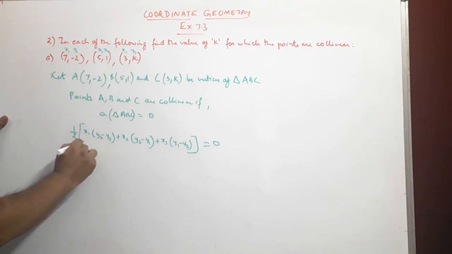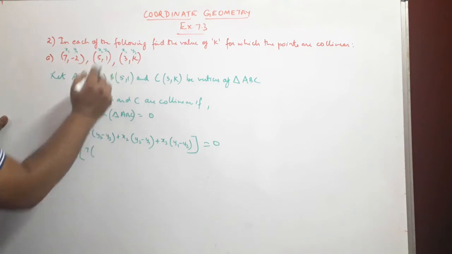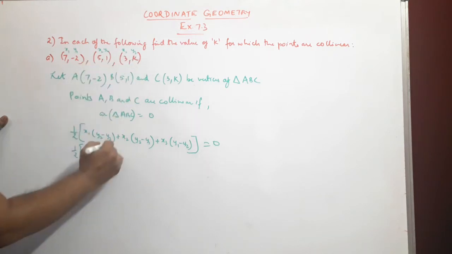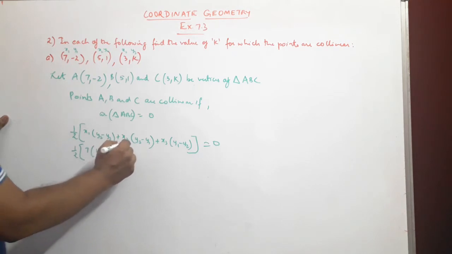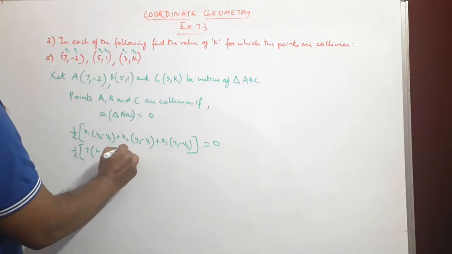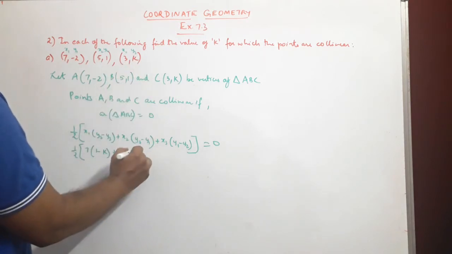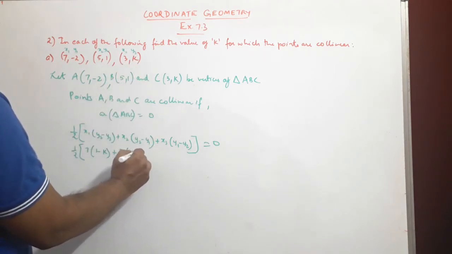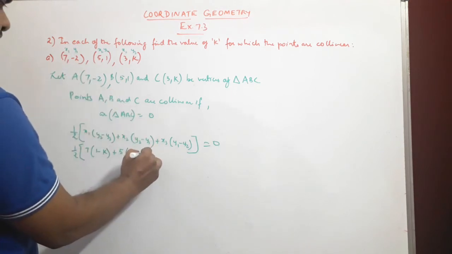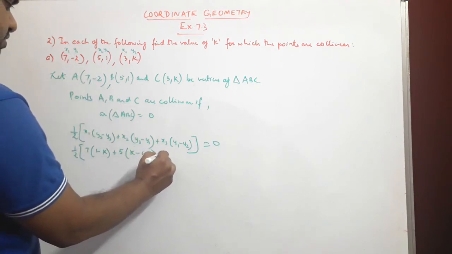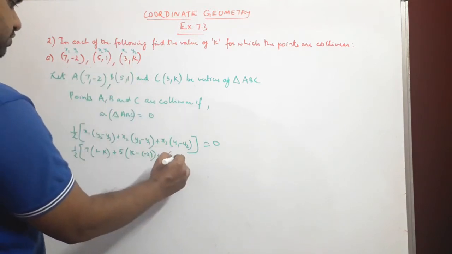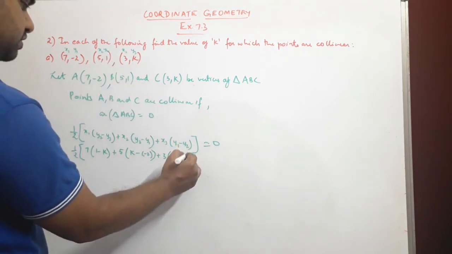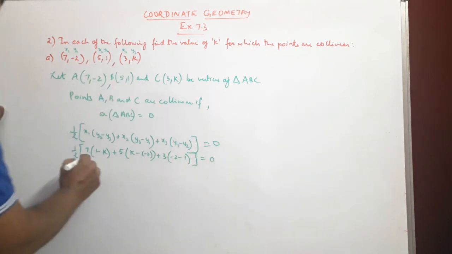So half into x1 which is 7, into (y2 which is 1 minus y3 which is k), plus x2 which is 5, into (y3 which is k minus y1 which is minus 2), close the bracket, plus x3 which is 3, into (y1 which is minus 2 minus y2 which is 1), close the bracket, equal to 0.